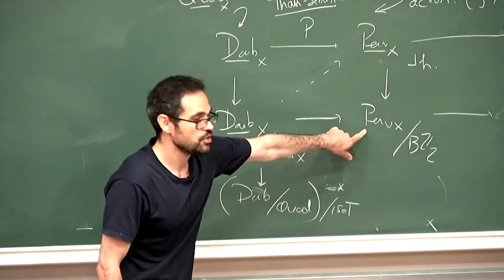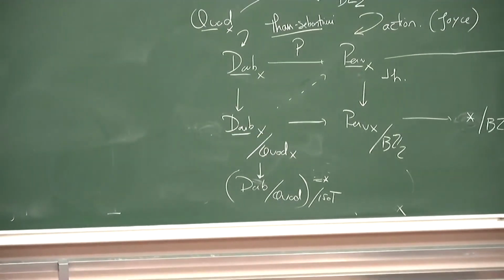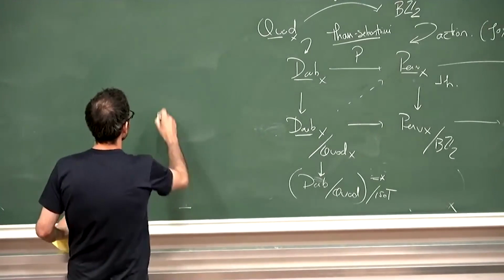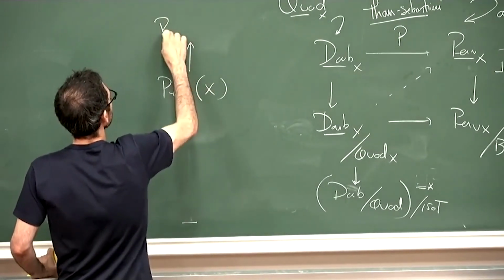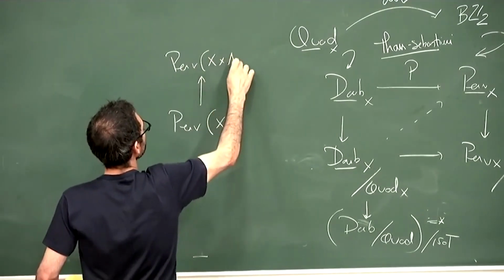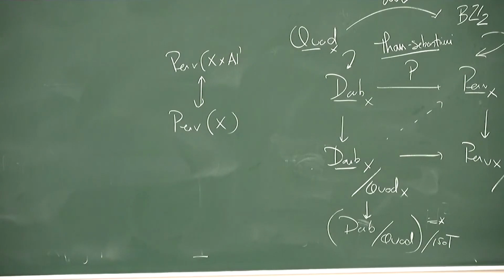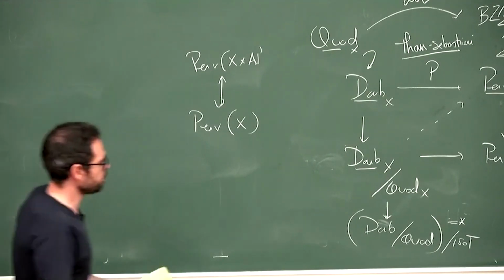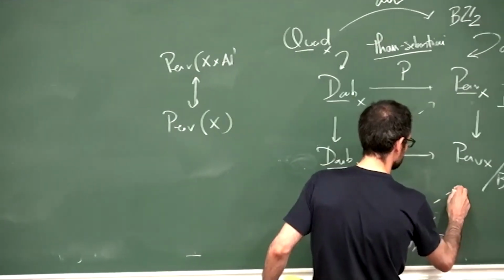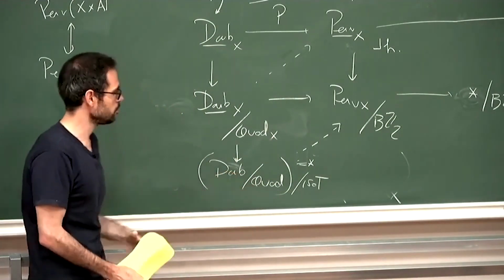In the case of perverse sheaves, this is because perverse sheaves have A1-invariance for morphisms. There is rigidity for perverse sheaves in the sense that perverse sheaves on X and perverse sheaves on X times A1 is fully faithful. So if you have a one-parameter family of automorphisms of the perverse sheaf, this will not see the t. It will be constant. And this is why this factors. And this is how we recover Joyce's result from this statement.